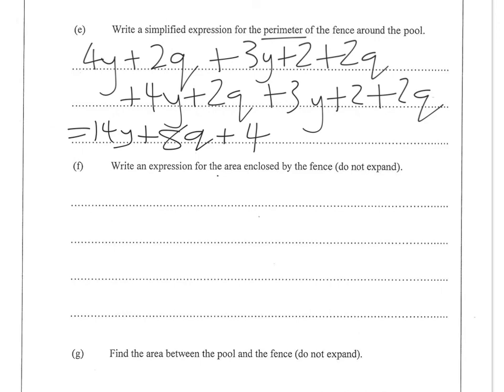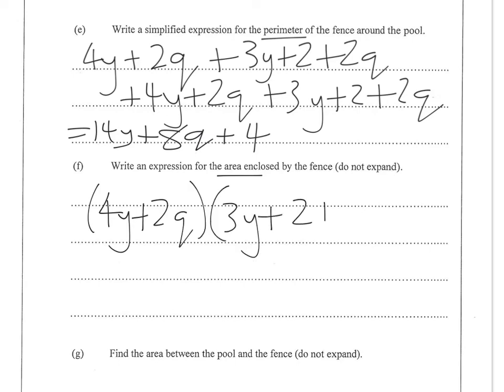Okay, area enclosed by the fence, we have the width multiplied by the length. Now it says do not expand, so that's it. Okay, find the area between the pool and the fence.